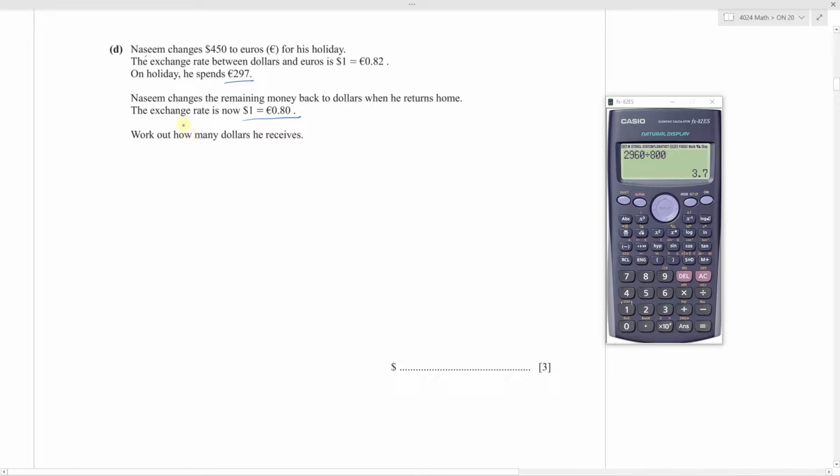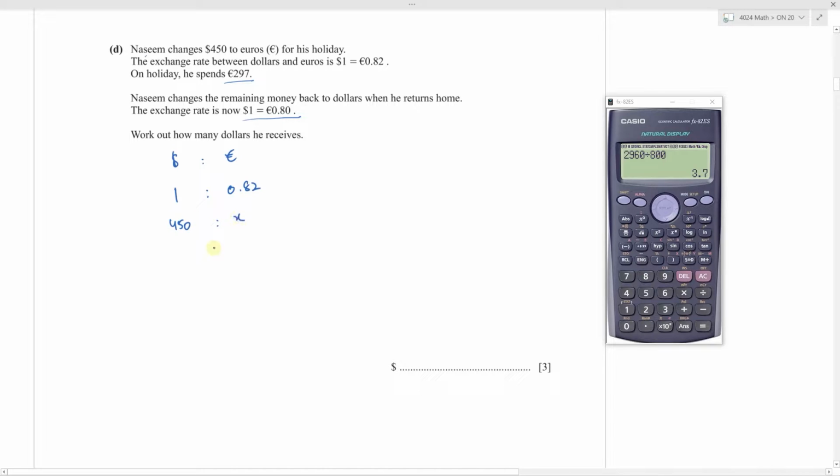So that means the dollars he receives after he returns home and changes the remaining euros to dollars. So let's start from the top. So first he changes $450 to euros. So you have dollars ratio euros. So the exchange rate is $1 is 0.82 euro, and he exchanges $450.